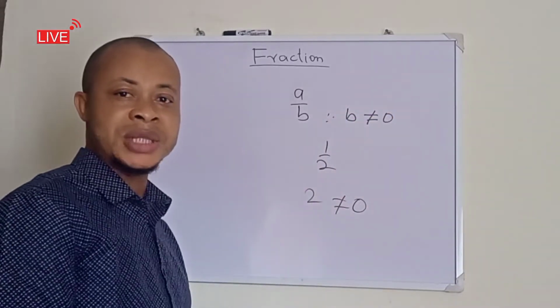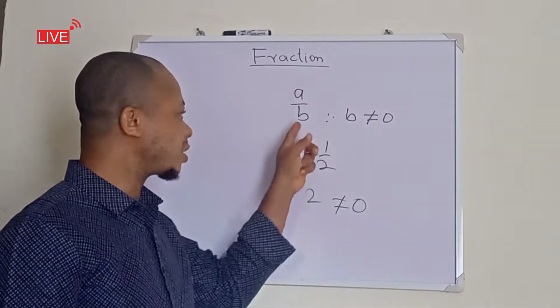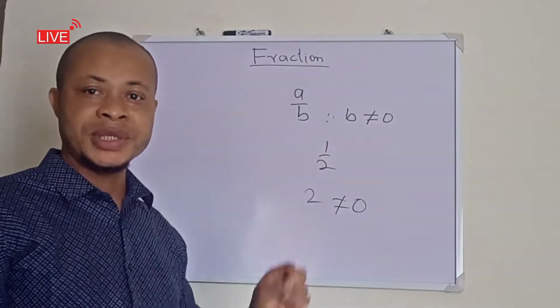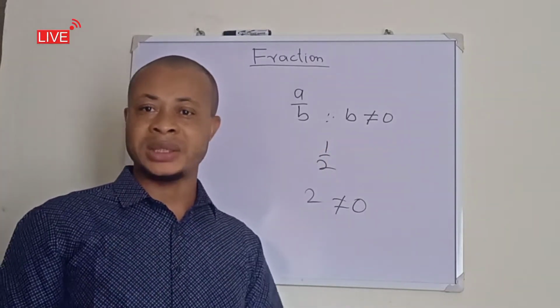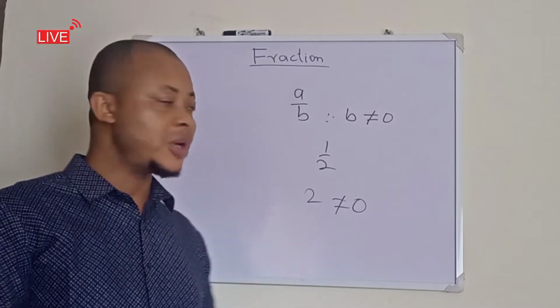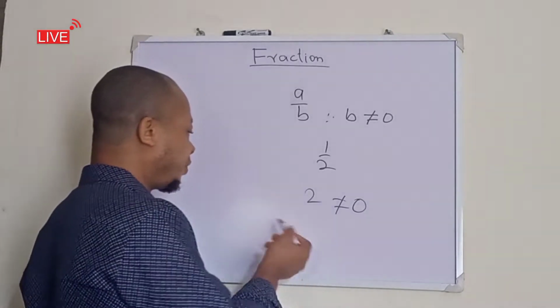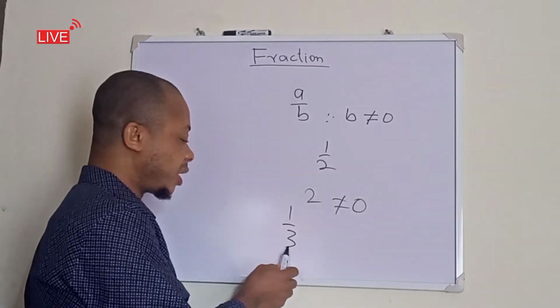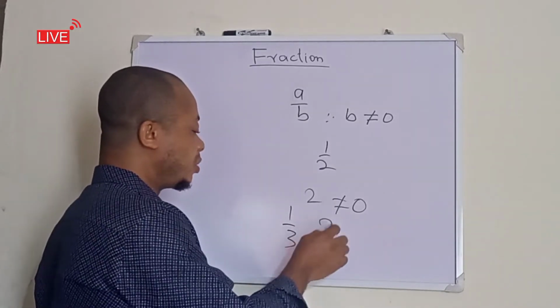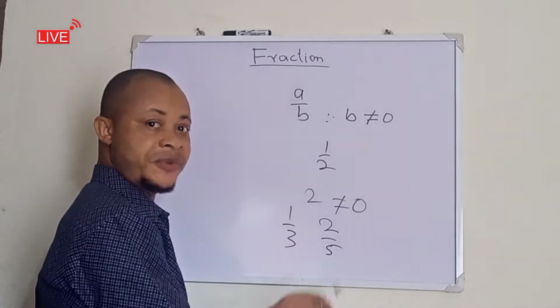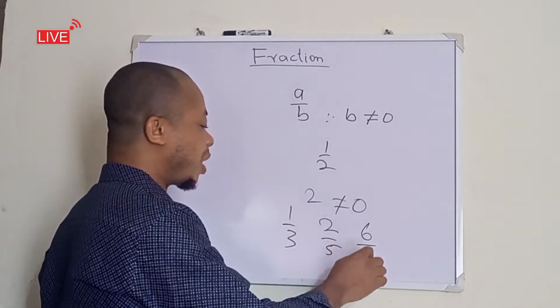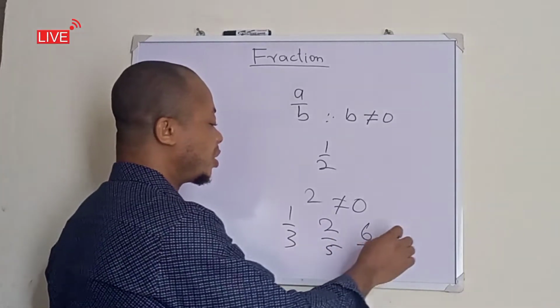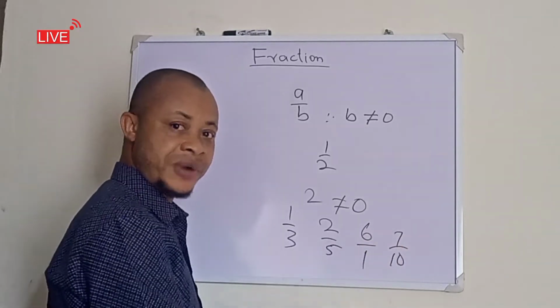So what I mean is that the lower part of every fraction must not be equal to 0. That is the condition. So if you have numbers like 1 over 3, this is a fraction because 3 is not equal to 0. 2 over 5 is also a fraction. 6 over 1 is also a fraction. 7 over 10 is also a fraction.